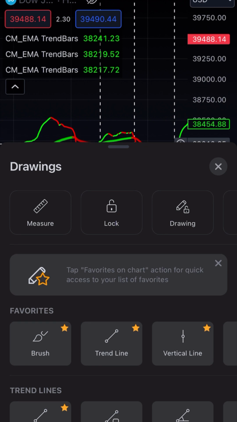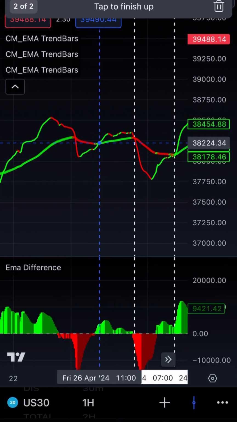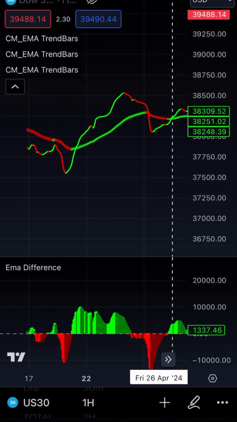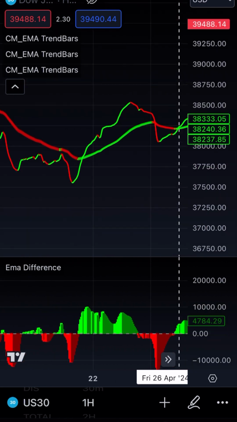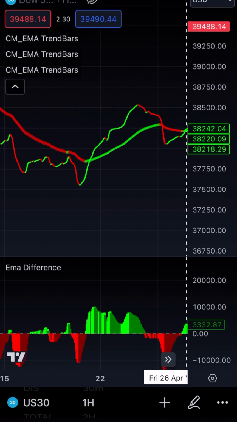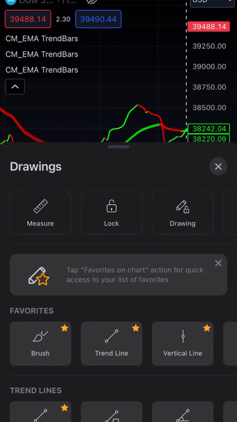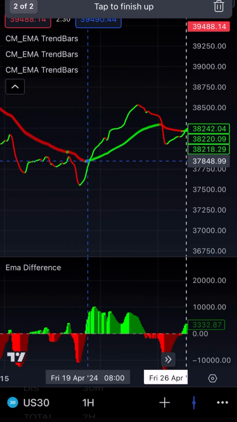Crosses there. We'll look at a couple of these. And I would do this before you start any trades. If you know that you want to trade the US30, I would do this beforehand, just to point out where all the moments were where it crossed.